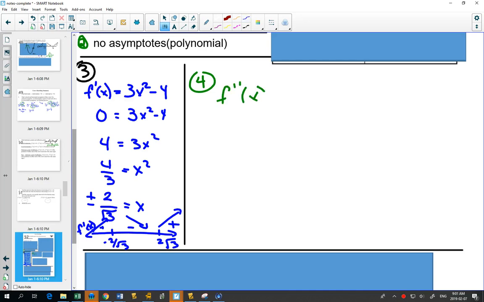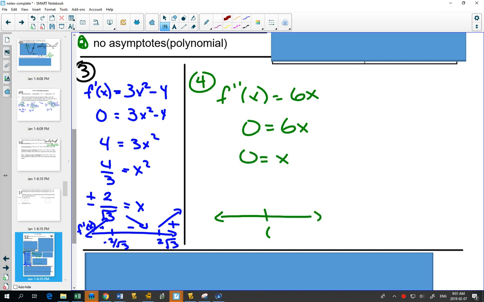Second derivative would just be 6x. Set my second derivative equal to 0. Wow, I really like labeling that beside. Helps remind us that I'm plugging something back into my second derivative.